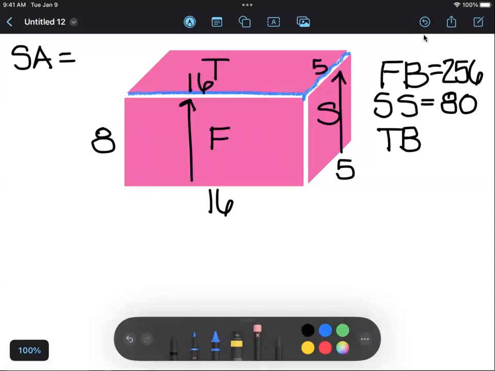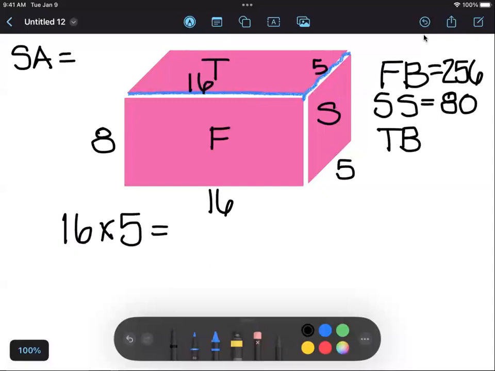So length times width for the top, bottom would be 16 times 5. When you figure out what 16 times 5 is, you should get 80. And remember, again, there are 2 of them. There's the top, which we just figured out, and there's an equal one on the bottom. So we're going to take that and multiply it by 2, which would give you 160.